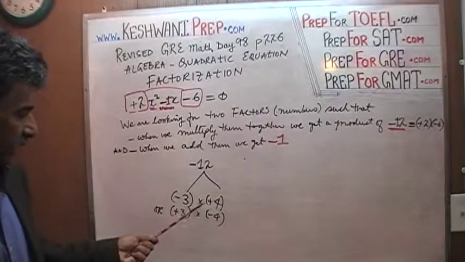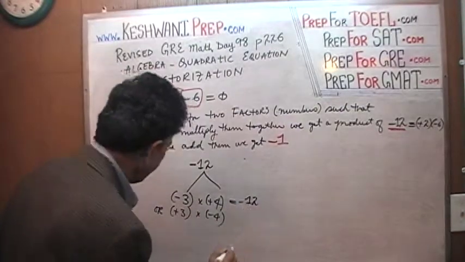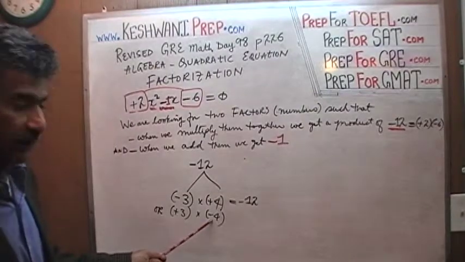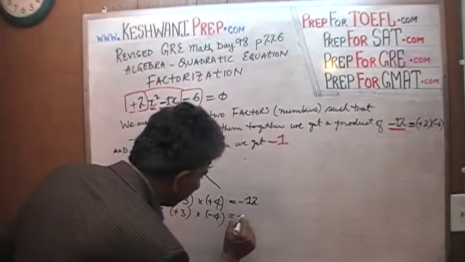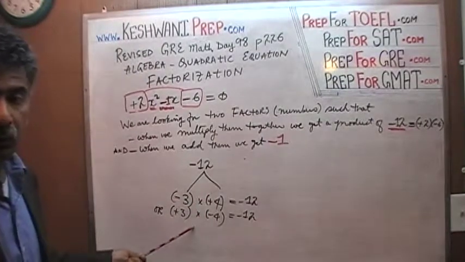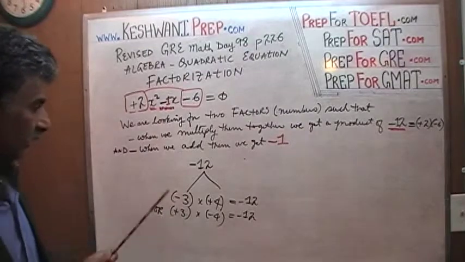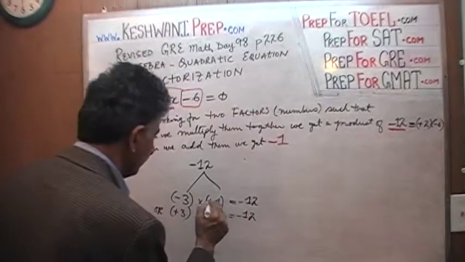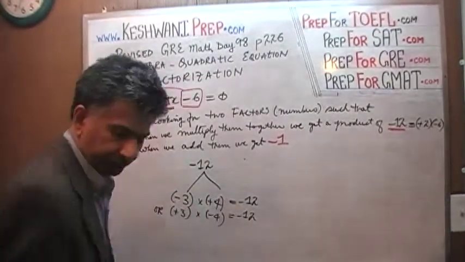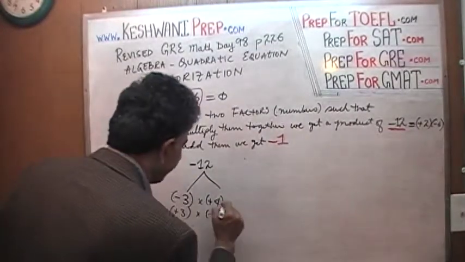Negative 3 times a positive 4 equals a negative 12. And positive 3 times the negative 4 equals negative 12. The question is, which one of these two scenarios will add up to negative 1? Let's find out. Let's look at the first scenario here.